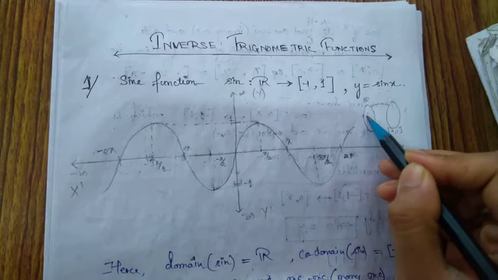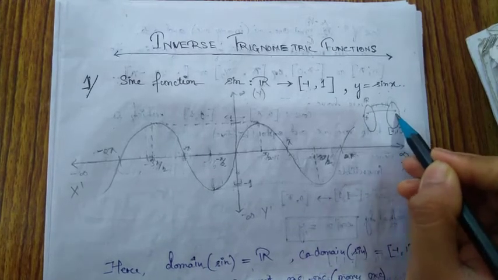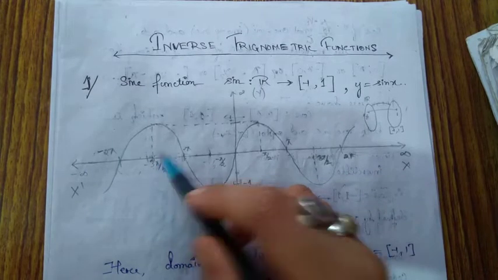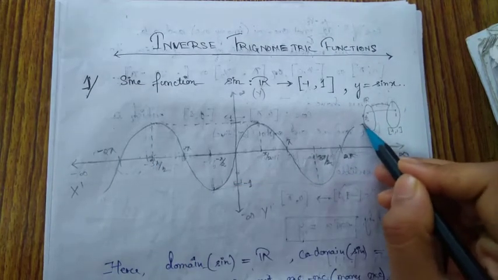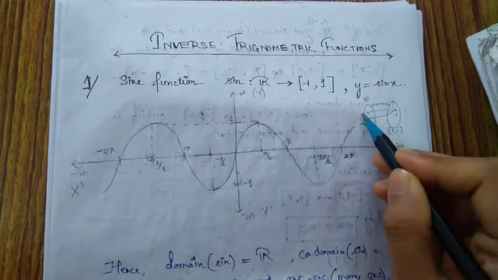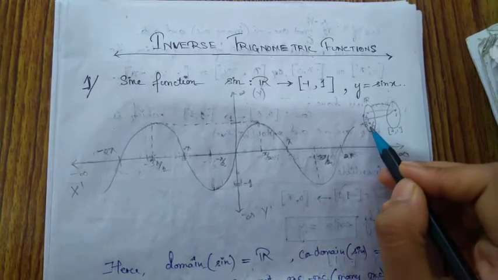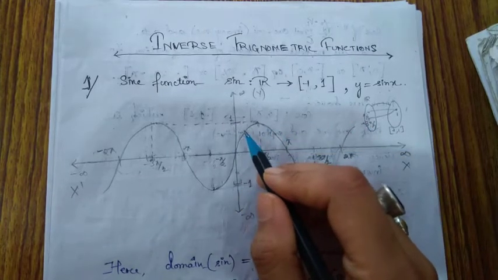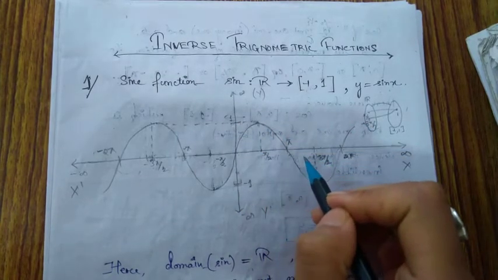So pi by 2 gives the image +1. Similarly, -3 pi by 2 also gives the image +1. That means pi by 2 and -3 pi by 2 have the same image, 1. Therefore, we can say this function is not 1-1.